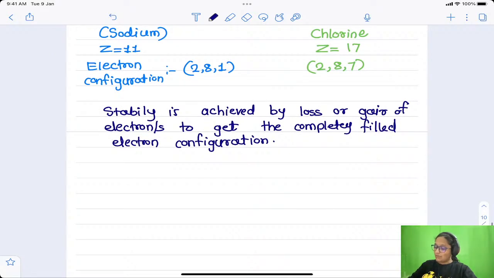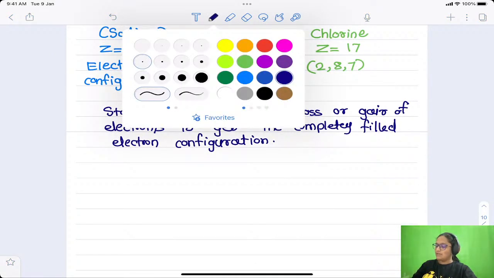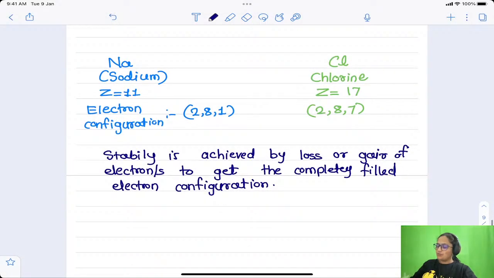In that context, if you observe the sodium metal, this is the K shell. In the structure of atom we have discussed all these things. This is the L shell and this is the M shell, whereas in case of chlorine also, this is K shell, this is L shell, this is M shell. In case of sodium atom, there is one electron in M shell, just one electron.